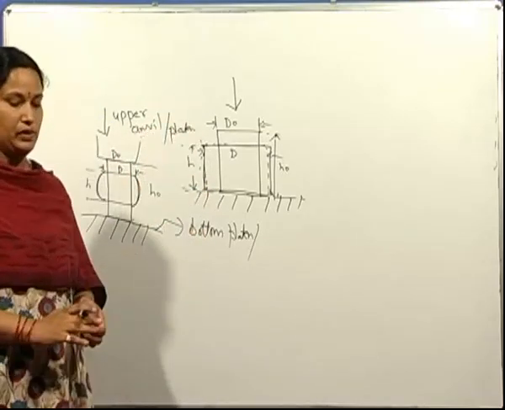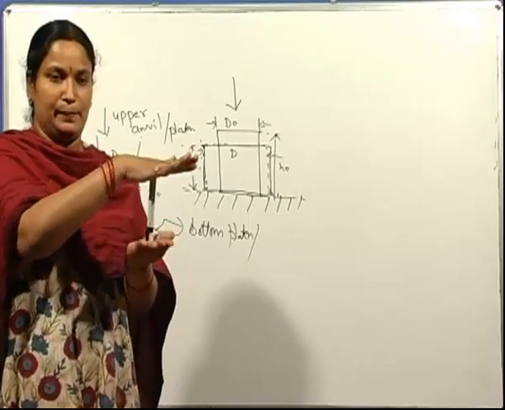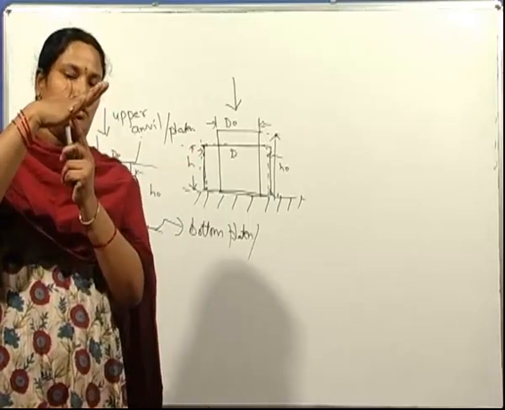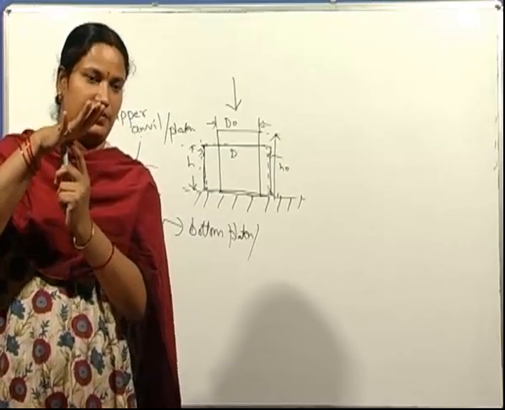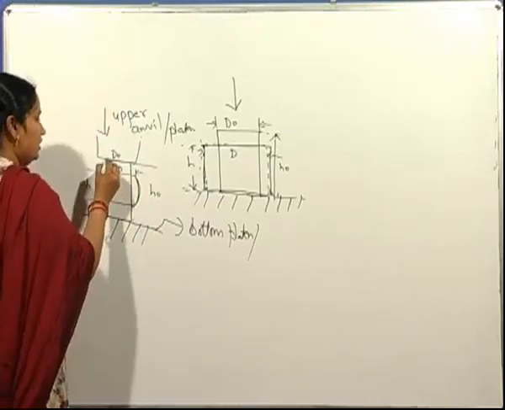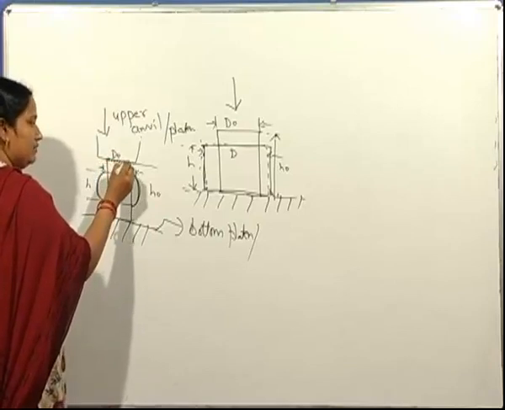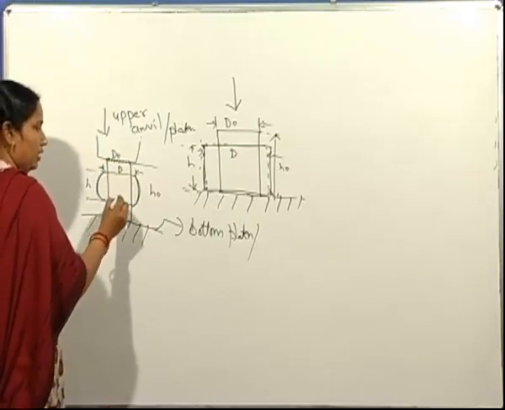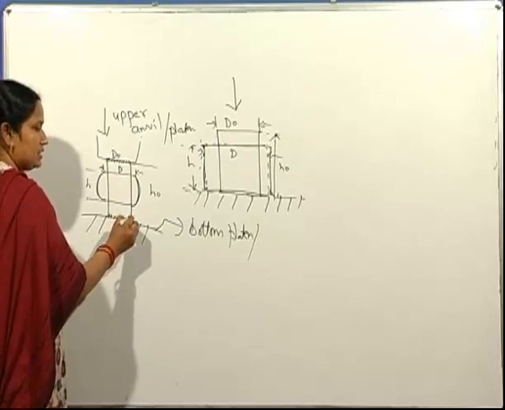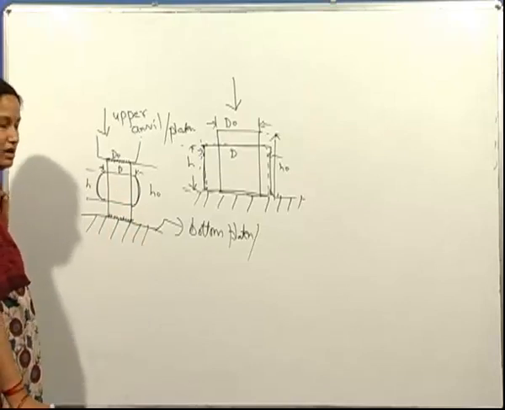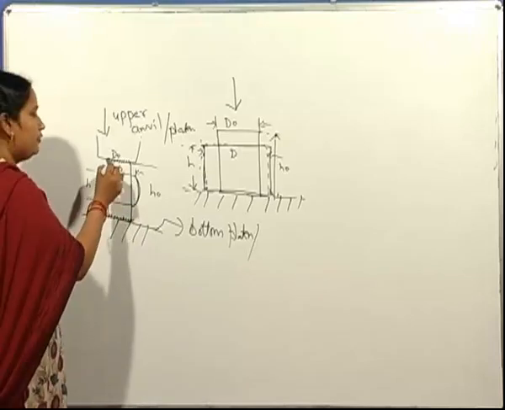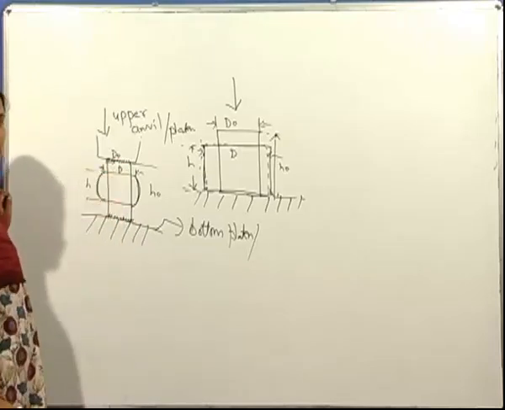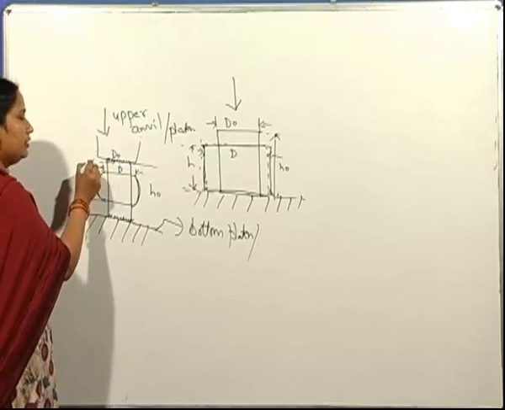So when this component is subjected to compressive stress, the surface of the material which is in contact with the anvil, the top and the lower surface, cannot flow freely because of friction, which resists the outward flow of the material.